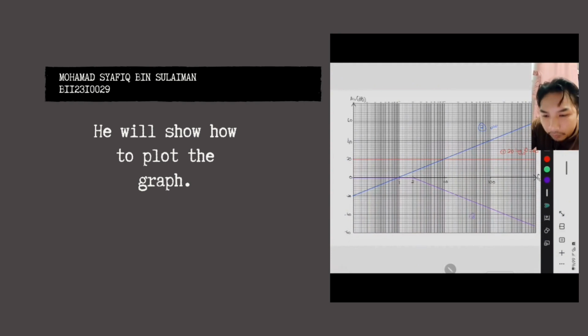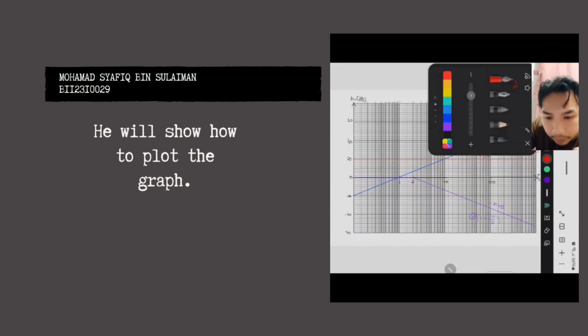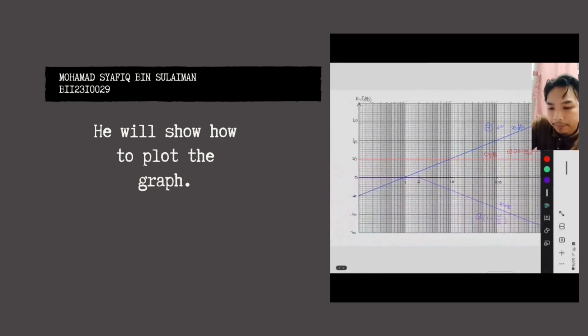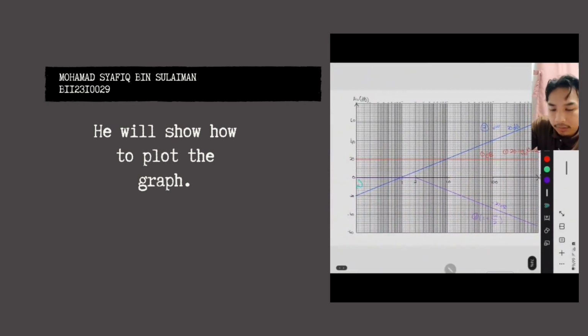Alright. So 3. Negative 20. And then the last one, simple pole 2. But our pole is 10.